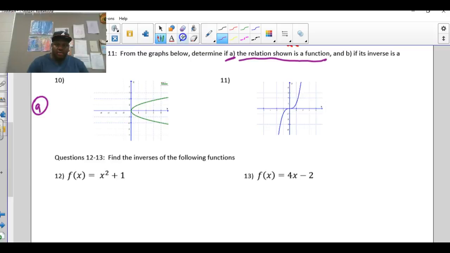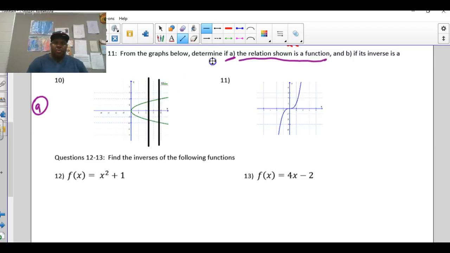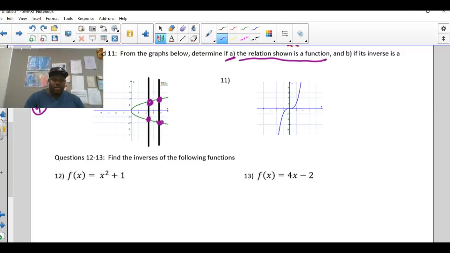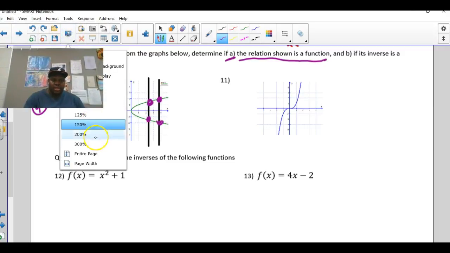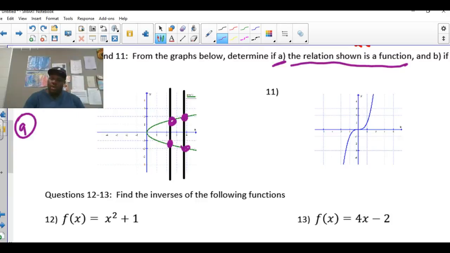So I'm going to draw a vertical line. Notice that it crosses that green function twice. It crosses it more than once, so it is not a function. So part A, is it a function? No, it is not a function.